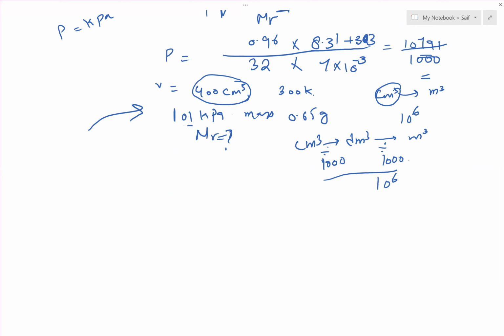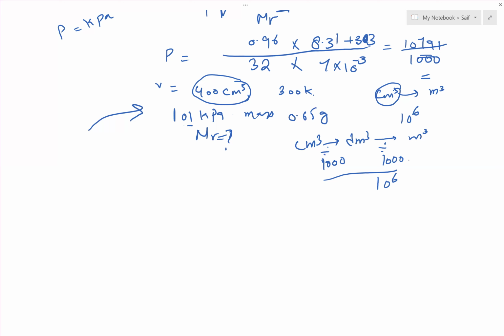I got 40.1. Okay, now check from the periodic table which element is 40. Calcium. So this will be calcium. Getting it?